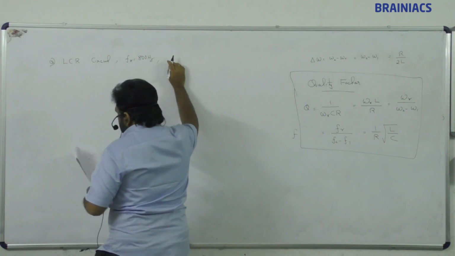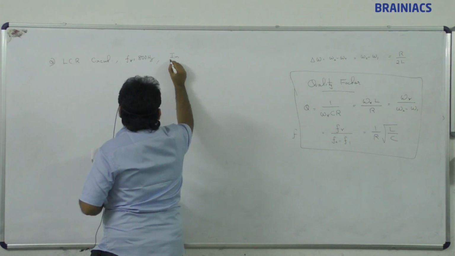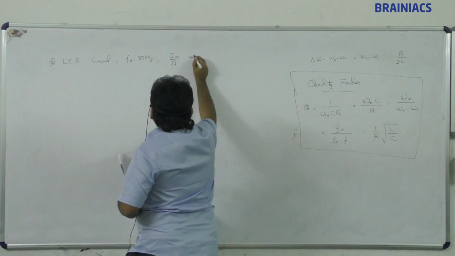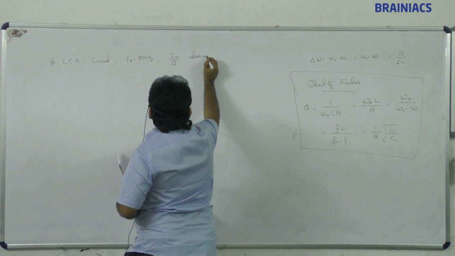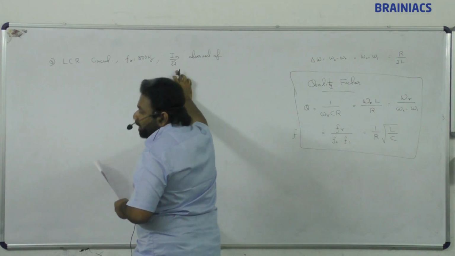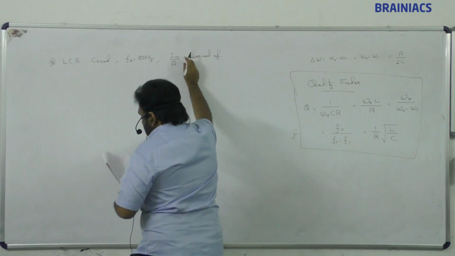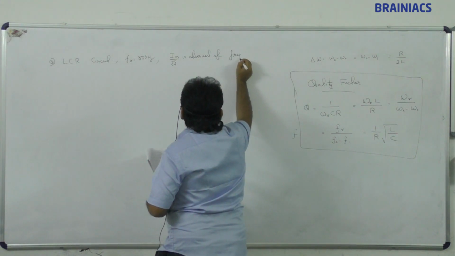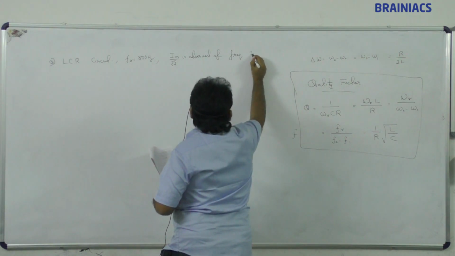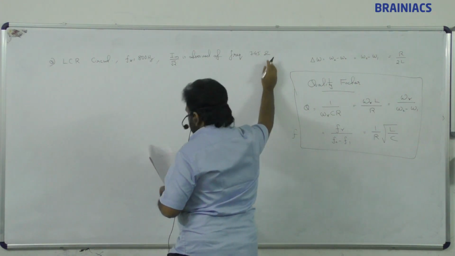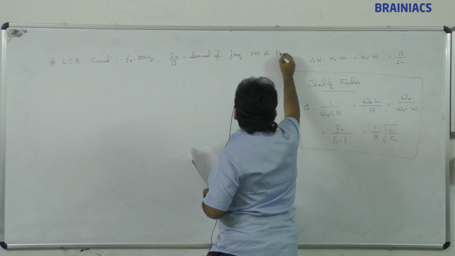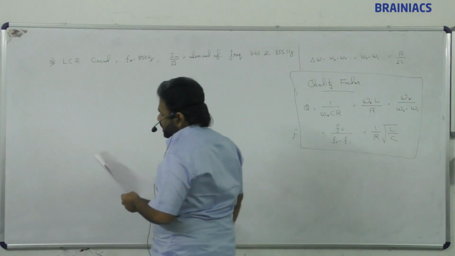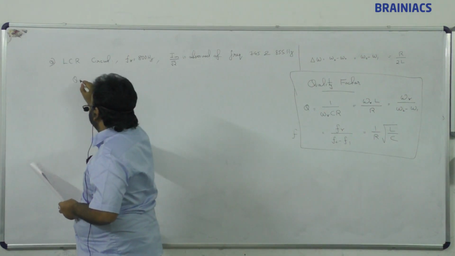Then Im by root 2 is observed at frequencies 745 and 855 hertz. Find the quality factor.